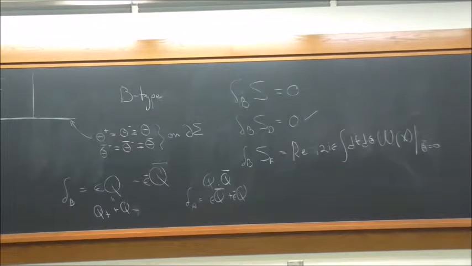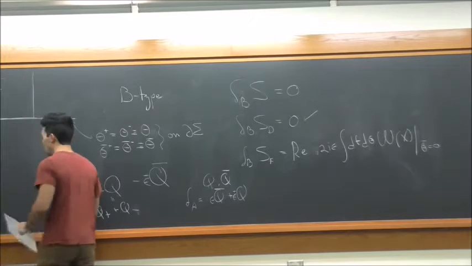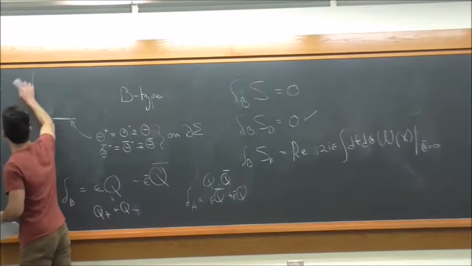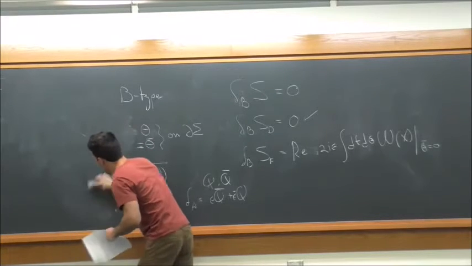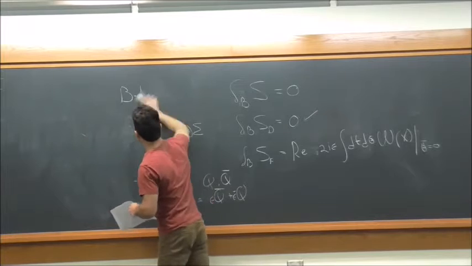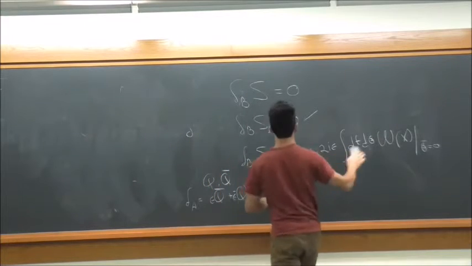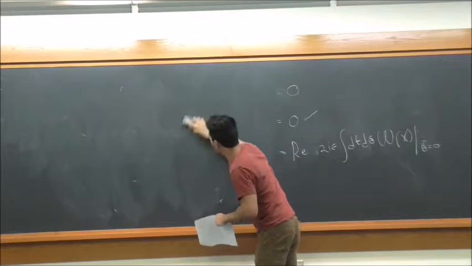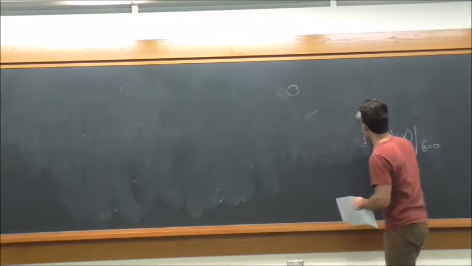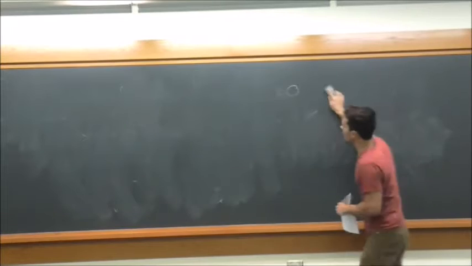So in the bulk, we have this BRST operator Q, which labels the physical fields. They are the ones that are in the kernel of the BRST operator. Same thing happens in the boundary. As we introduce these new fields, pi's, we obtain a Q that lives on the boundary.